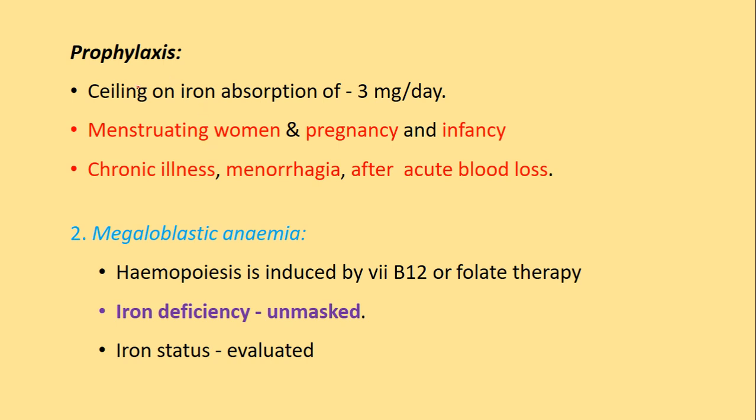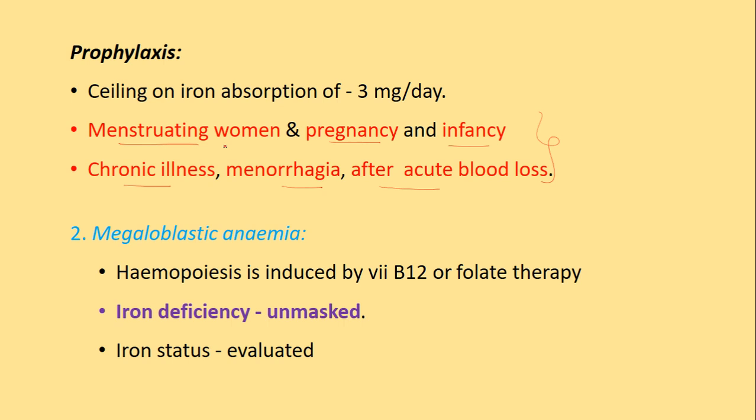And prophylactically, iron absorption has a ceiling effect, where daily it can absorb approximately 3 milligrams per day. But in menstruating women, pregnant women, in infancy, and in chronic illness, menorrhagia, or conditions like after acute blood loss, you may need to give iron supplementation where they cannot gain the iron from their daily dietary requirements.